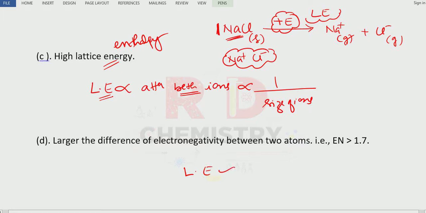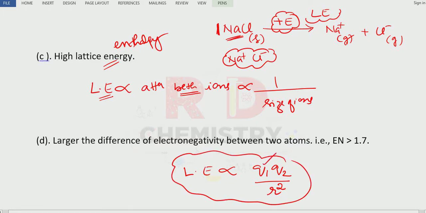Lattice enthalpy is directly proportional to the charge on the cation times the charge on the anion, Q1 and Q2, divided by the distance between the two nuclei, cation and anion nuclei. Remember, when the charges increase, lattice enthalpy increases, or when the distance between the two centers decreases, lattice enthalpy also increases.